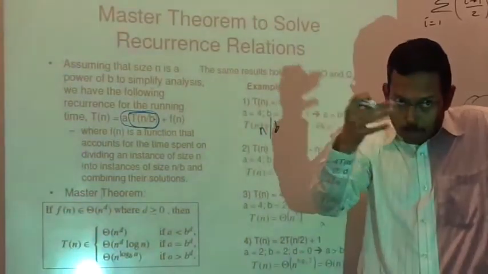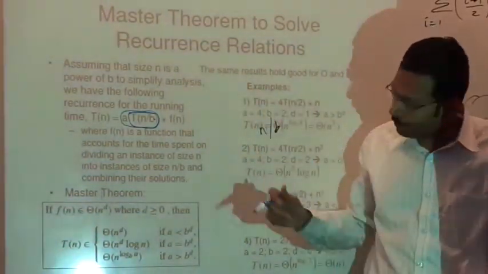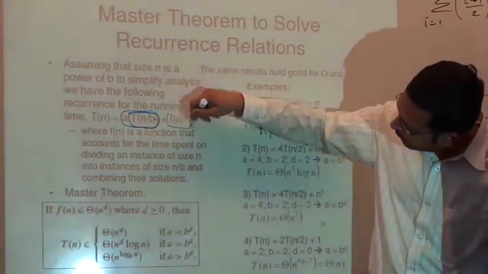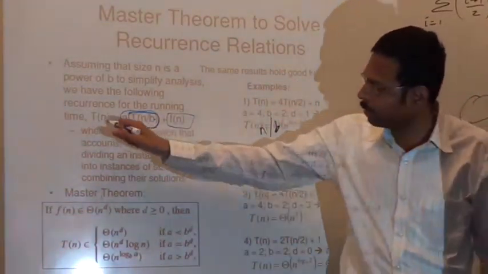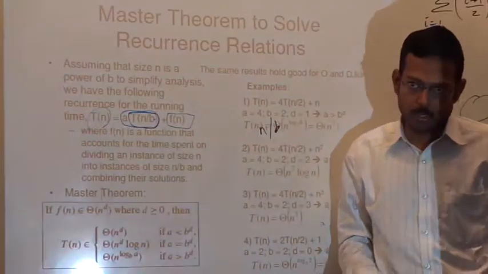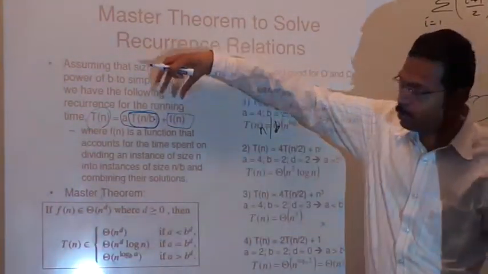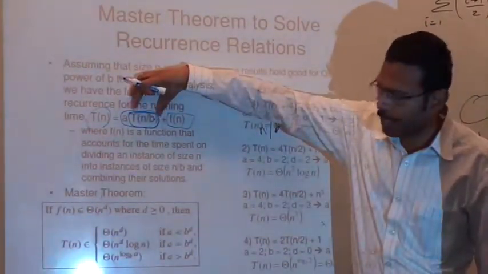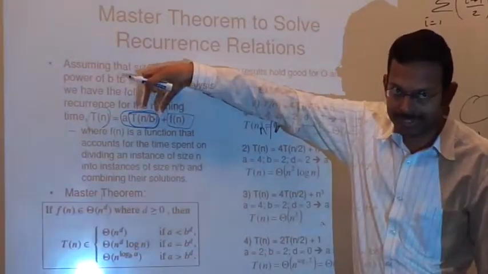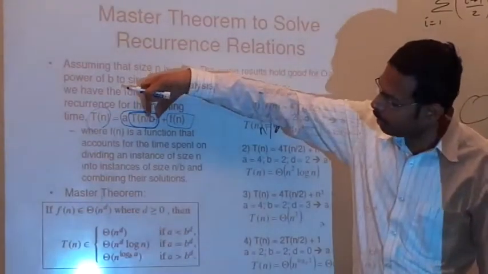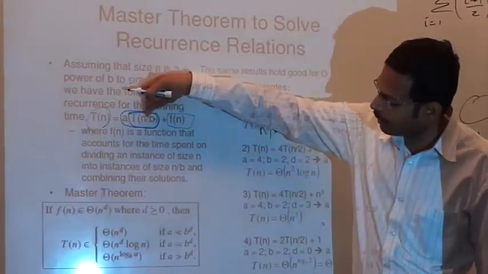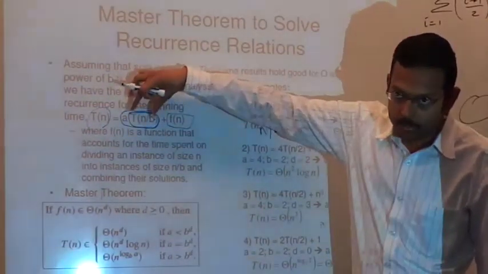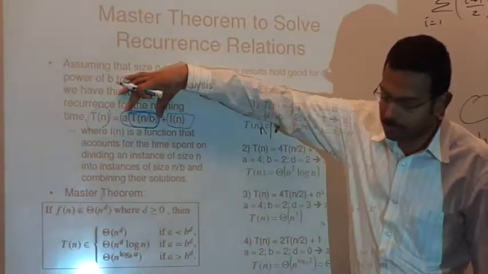Then you have to merge the solutions like we did for merge sort, right? So this is the time complexity to combine the solutions of the sub-problems and get a solution for the larger problem. Okay? So you see this has two components. The first component is the time taken to solve the sub-problems. You're going to solve A sub-problems, and each sub-problem is of size n over b. So this is the time to solve the individual sub-problems.